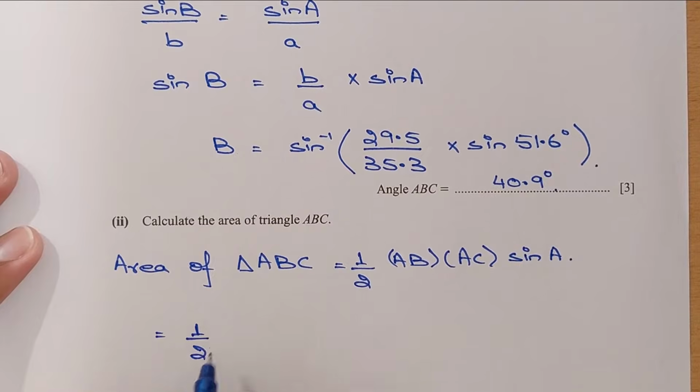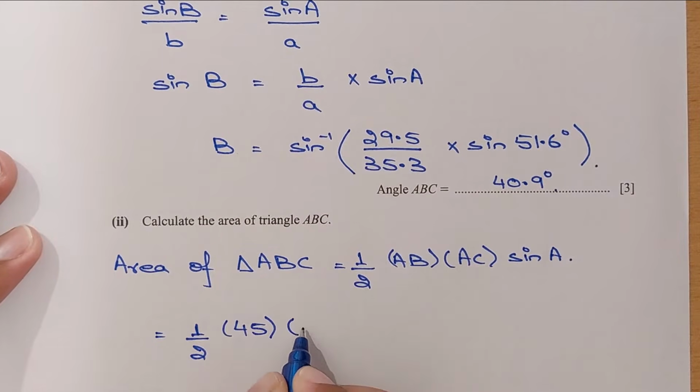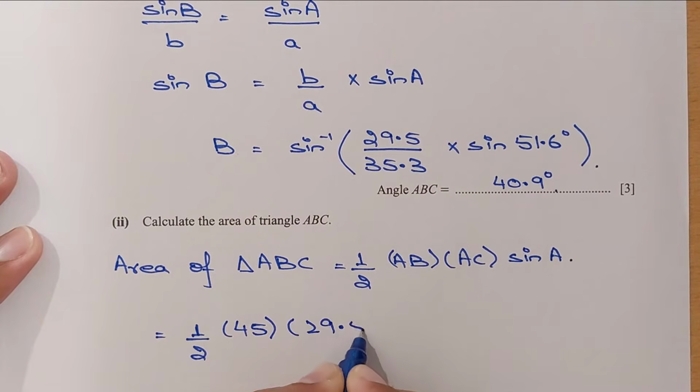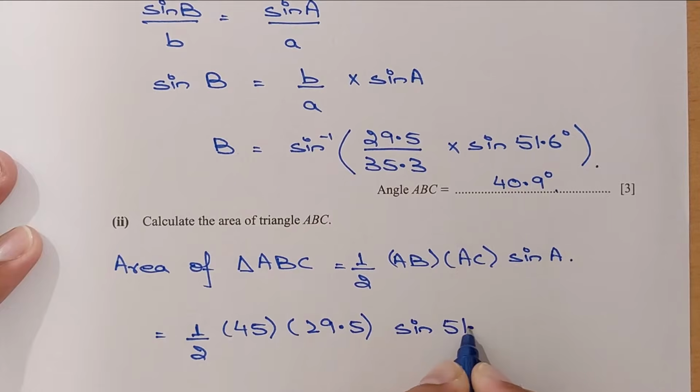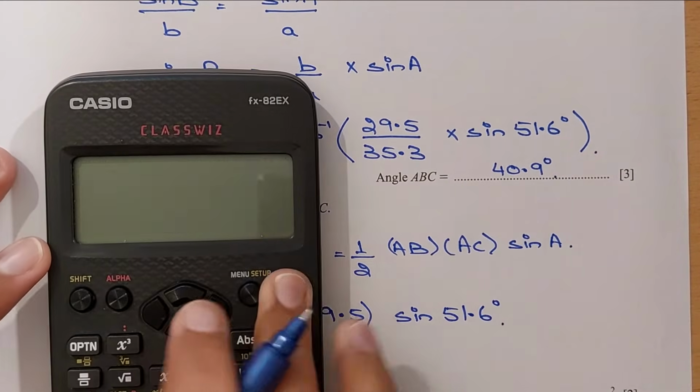Okay, now let me put the values. 1 by 2, AB is 45, AC is 29.5 and sine of angle A is 51.6 degrees, right? So just simplify.